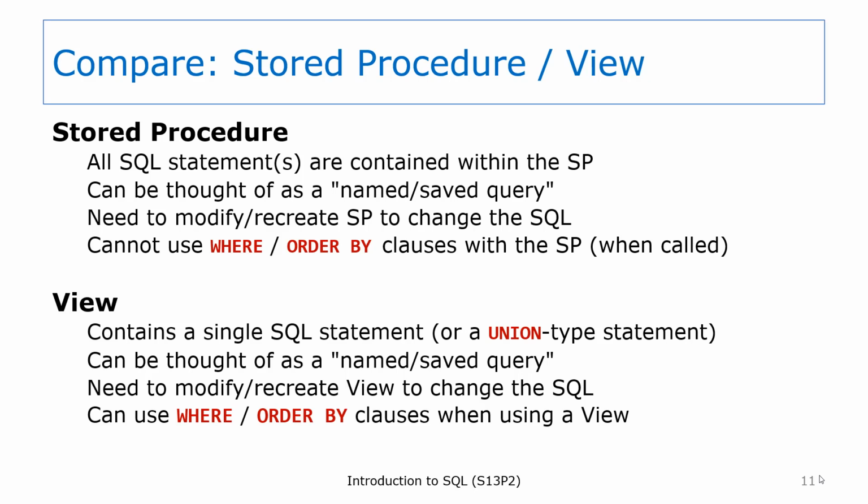In many applications, you'll see that the developer uses a lot of string concatenation code to dynamically construct the where clause. When you see that type of code, it might be a good candidate to be replaced by a stored procedure with parameters. You'll see that on the next slide.